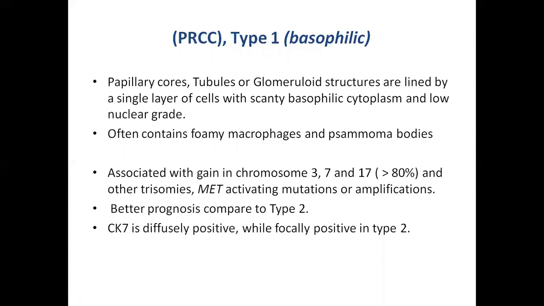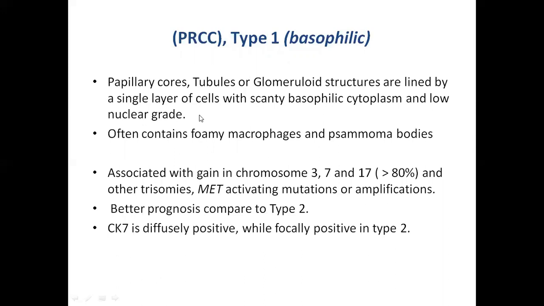As we walk through this presentation, we will touch base on those variants as well. They are commonly lined by a single layer of cells which possess very little basophilic cytoplasm, and they have a low nuclear grade as well.